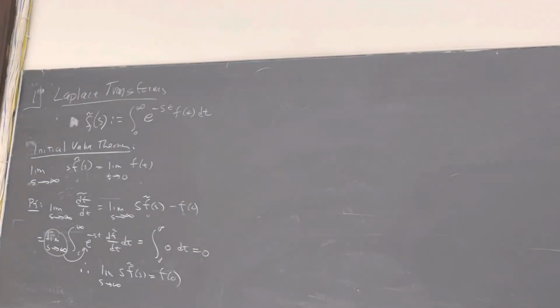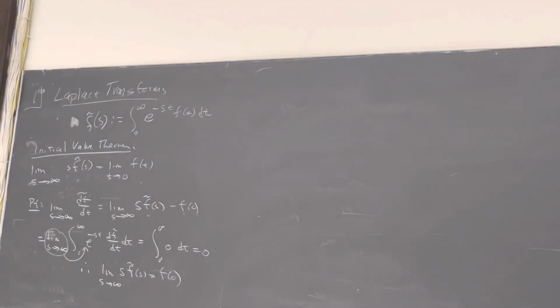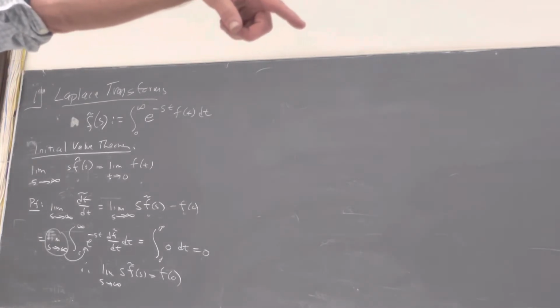As we'll see next class, I won't get to it this class. We can't have a table that's infinitely long. So a lot of times we're going to have a result that looks complicated in s, and we're going to have to do a little algebra to try to break it up into a sum of terms, each one of which is in the table.